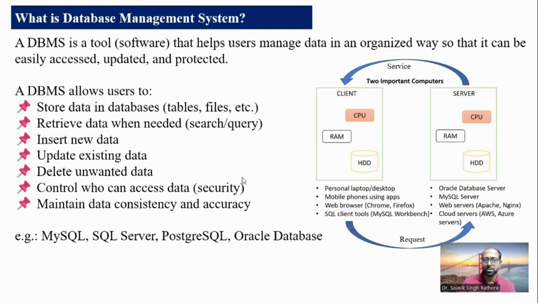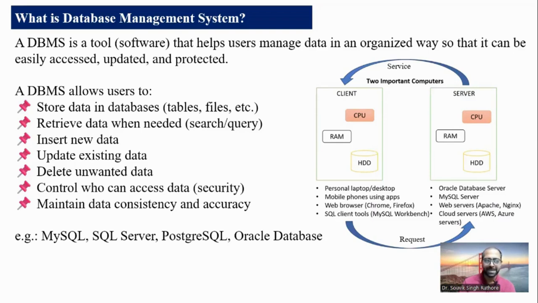When you search a video on YouTube, does your mobile already contain every YouTube video? No. Your mobile simply sends a request to the server. The Google server searches the database and sends only the requested video. Exactly the same concept works in DBMS.